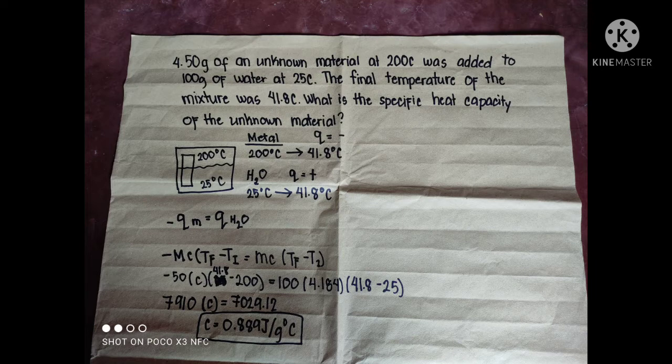Divide that number by 7,910, and you should get a value of 0.889 joules per gram per degree Celsius. So that's the specific heat capacity of the unknown metal, which is probably aluminum.